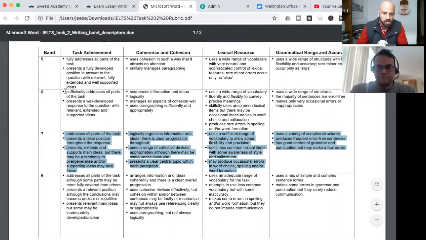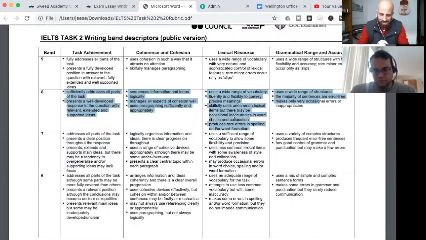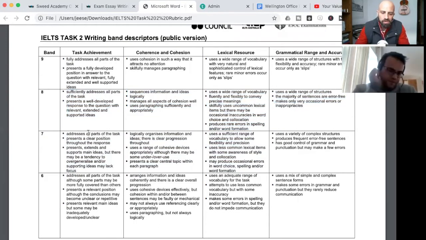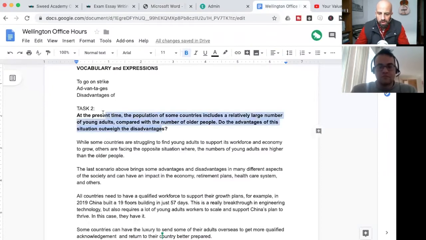You could, if this is easy for you, try for a higher one. I don't normally recommend doing the minimum. Actually, I never recommend doing the minimum, but an objective is an objective. But anyway, for a 7, address all the parts of the task. That's why I wanted the specific question. That's part of the evaluation.